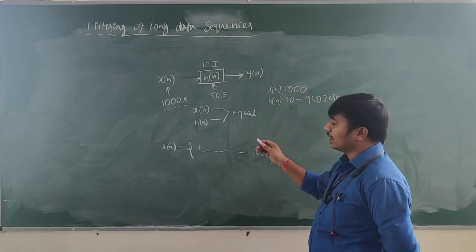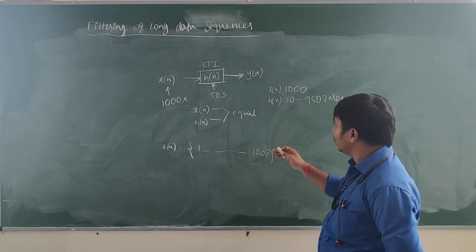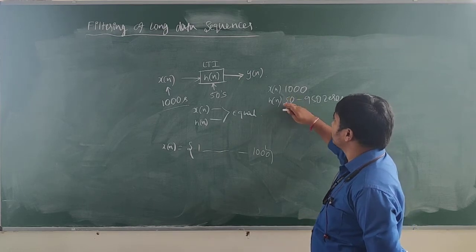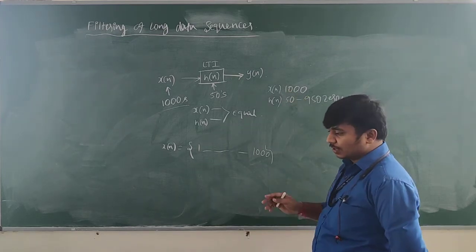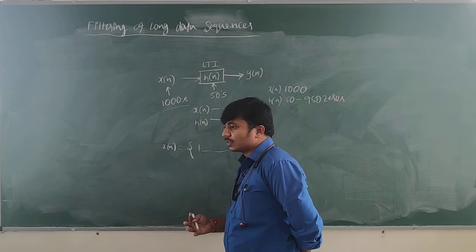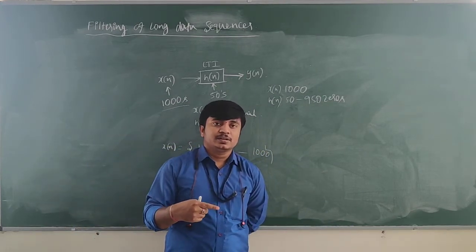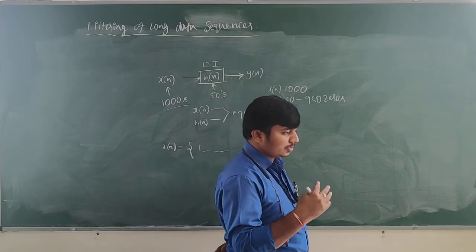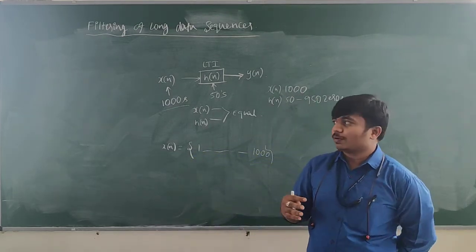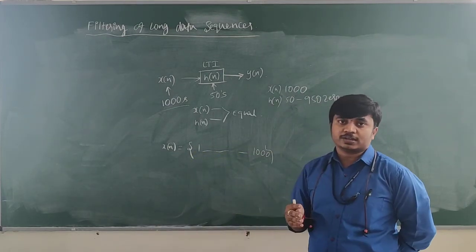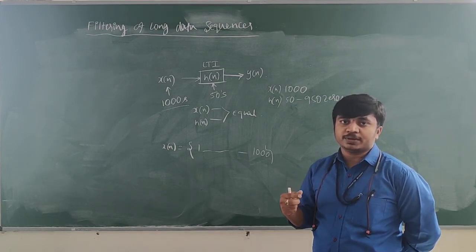It is not economical to make h of n as long as x of n, because it results in problems like delay in computation. It is very impractical to perform the convolution, and the processing delay will be high.